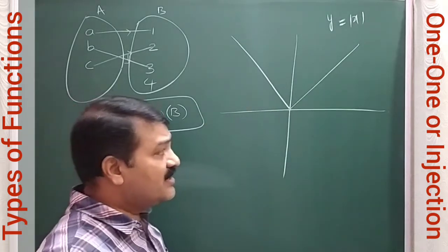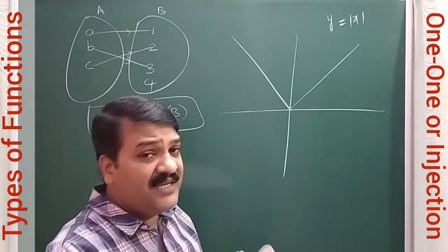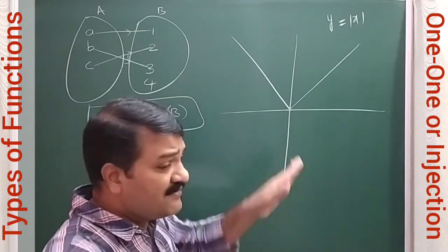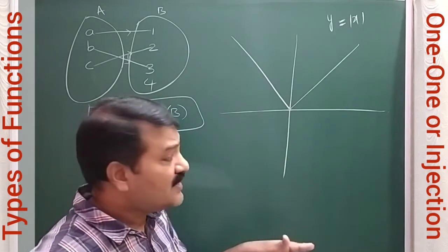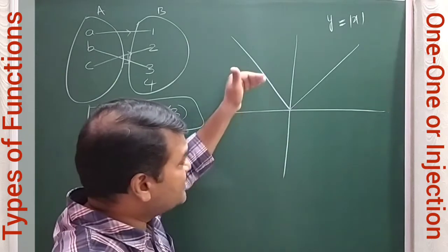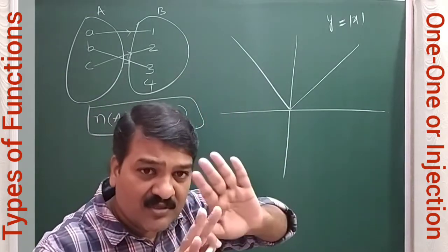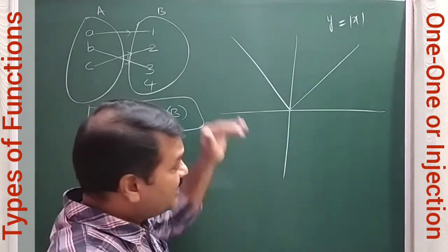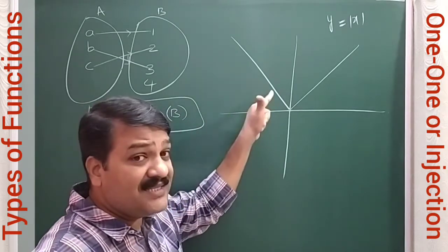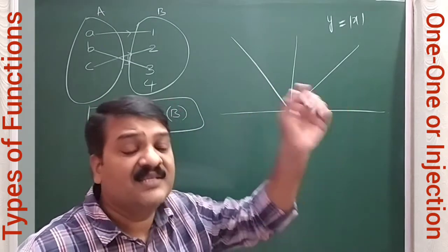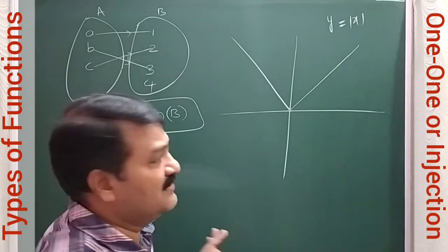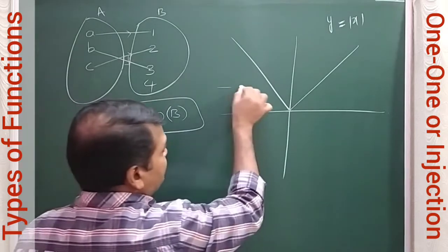If you draw a horizontal line and it does not cut the graph, no problem. If the horizontal line cuts the graph once, no problem. But if the horizontal line cuts the graph more than once, then the function is not 1-1. I'll show you an example.